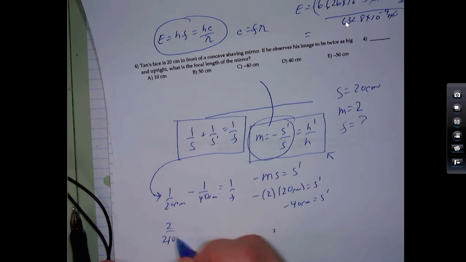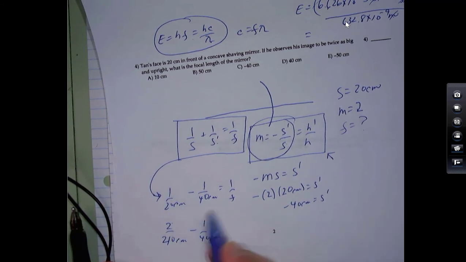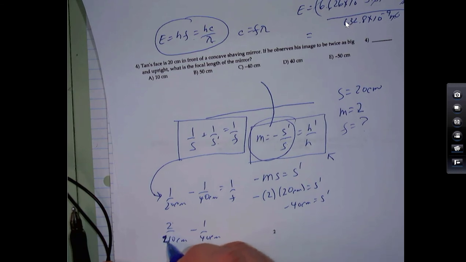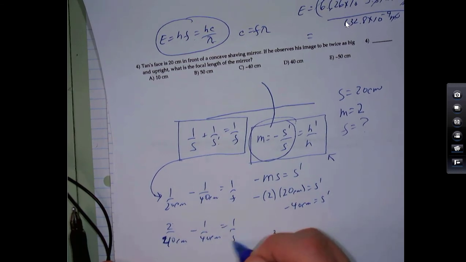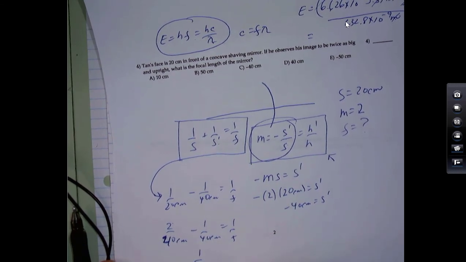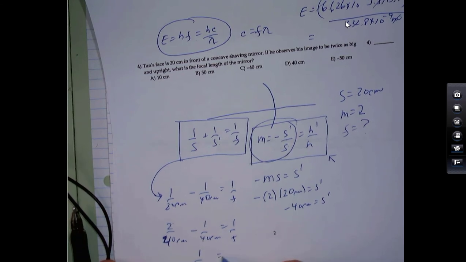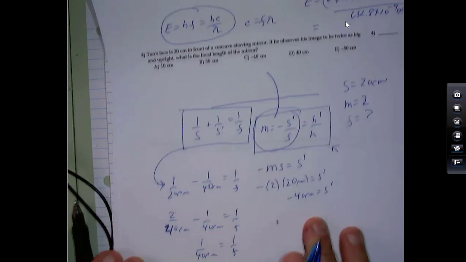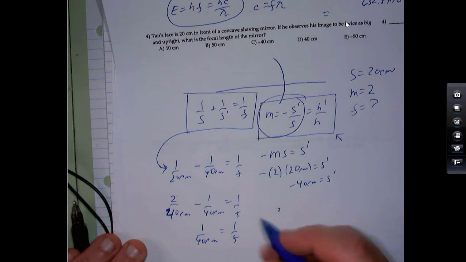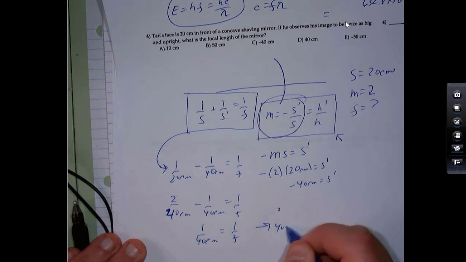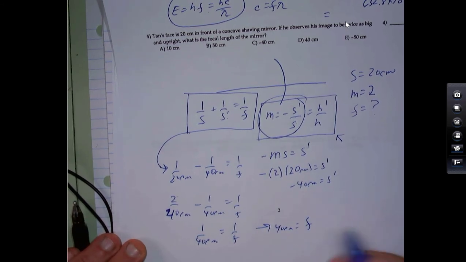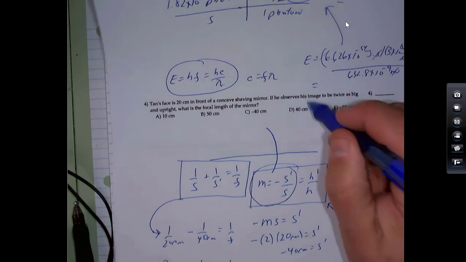So 2 over 40 centimeters minus 1 over 40 centimeters, 1 over 20 is the same as 2 over 40. That's, believe it or not, 1 over f. So this would give us 1 over 40 centimeters is 1 over f. Then I've got to invert both of them. So 40 centimeters must be equal to f. Okay, it's always a good feeling to have one of the answers there.